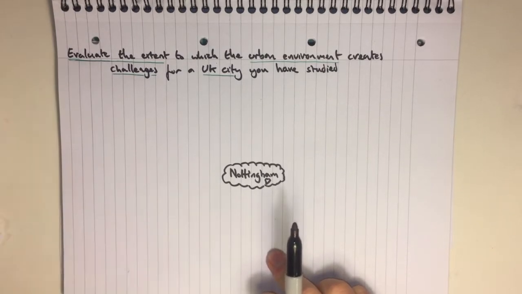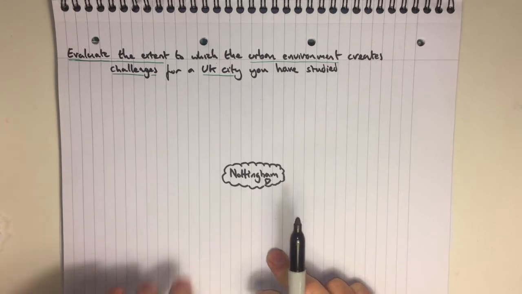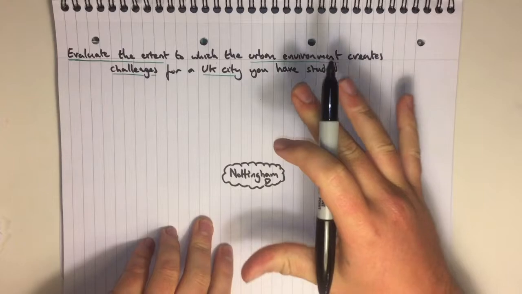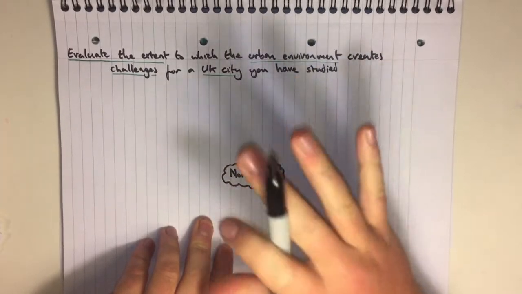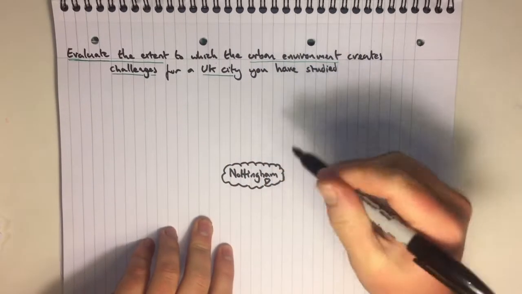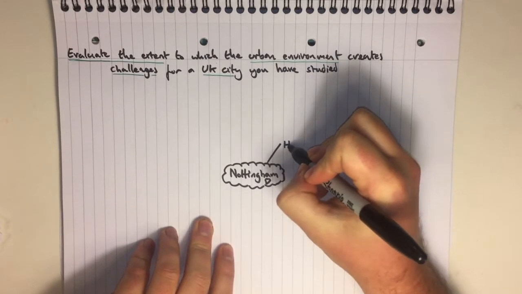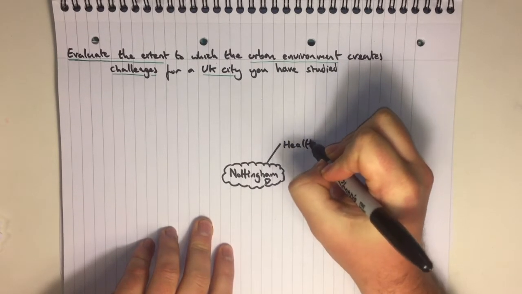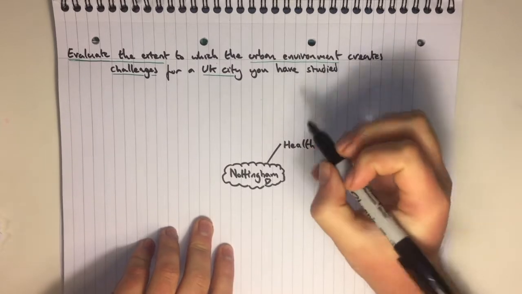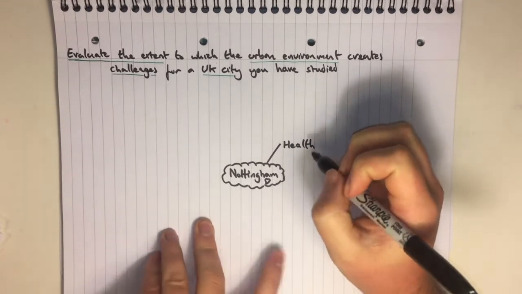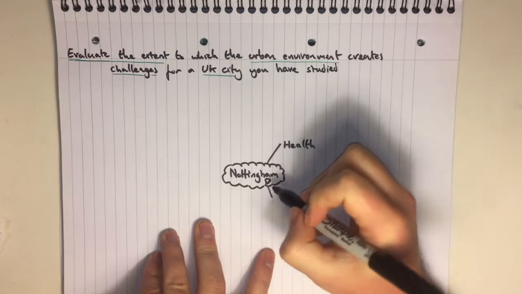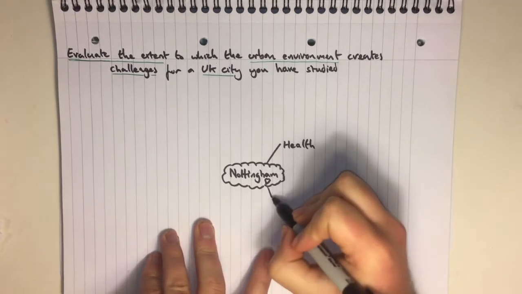And when you're going through your answer, always make sure you're going back, looking at the question and making sure you're answering it. Okay, so if we just have a think of some of the challenges that we have in Nottingham, first of all, a key one that I always come back to is health. Remember, we have some really big discrepancies or variations in health in Nottingham. The next one that I always think is really good to use is employment.